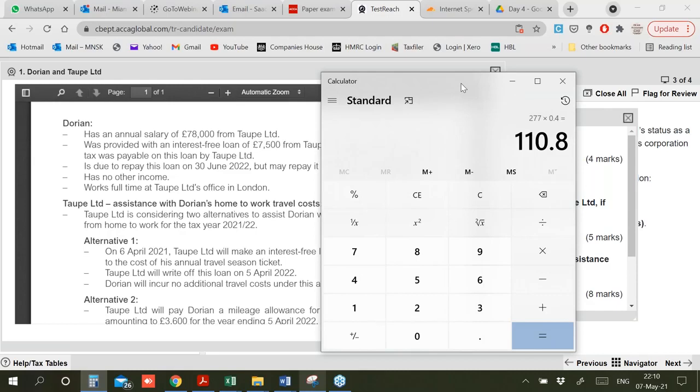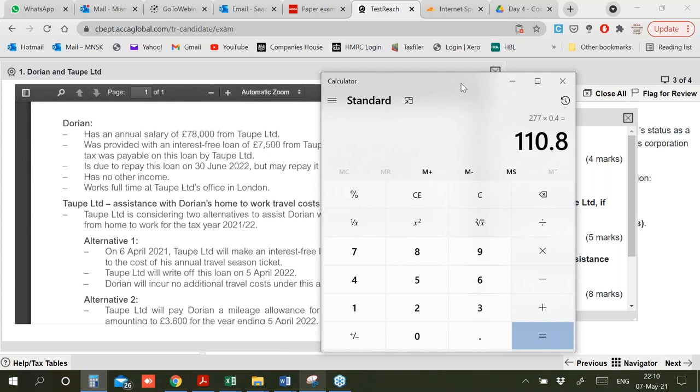So I've calculated the interest, and on that I have taken 40% as tax, because if that benefit is added into his income, it will increase his income by 277, and therefore his tax liability by 111. So this is the cost if alternative 1 is selected.